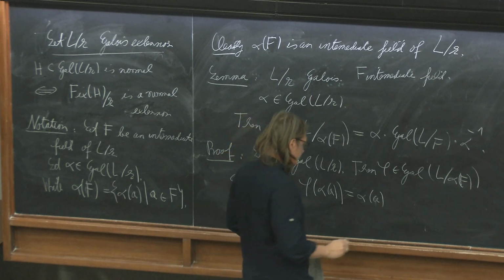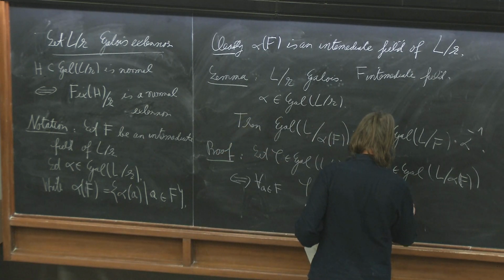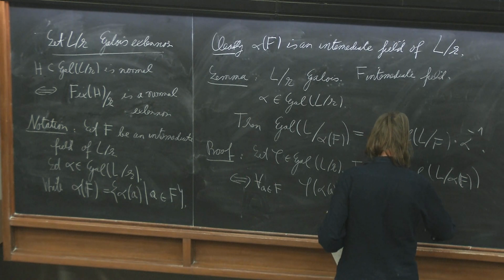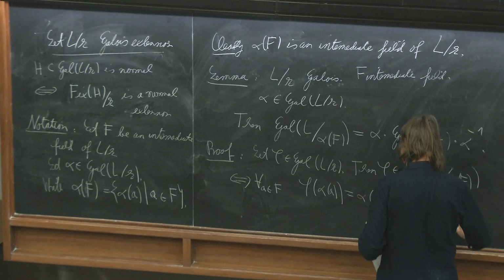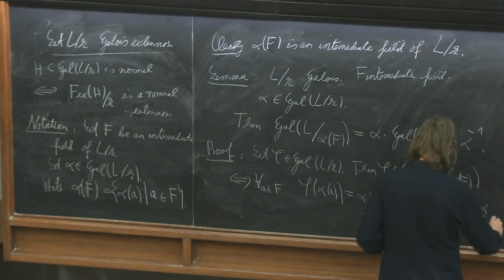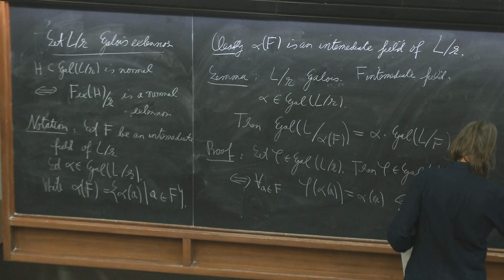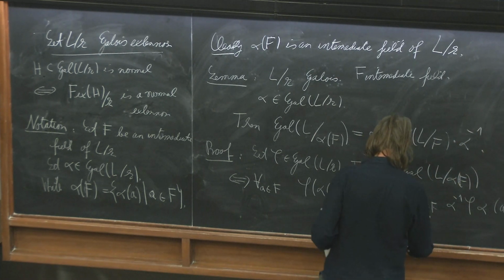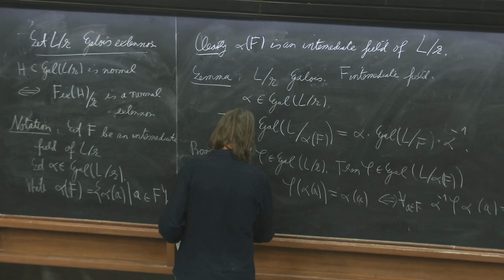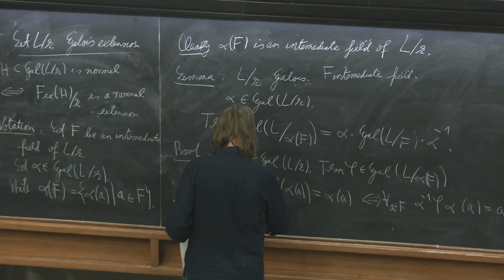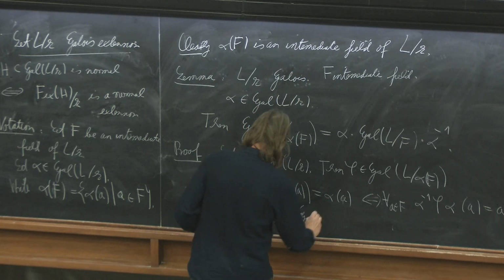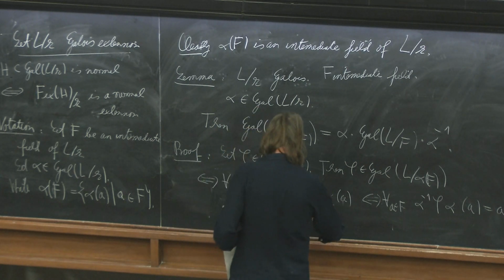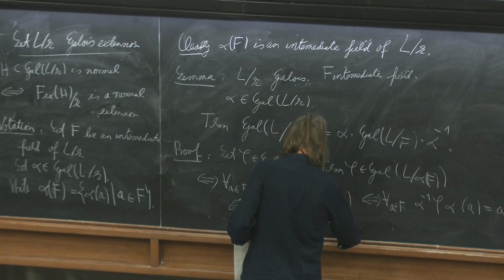So this is equivalent to saying for all A in F, we have alpha to the minus 1 phi alpha of A is equal to A, which is the same as saying that alpha to the minus 1 phi alpha is in the Galois group of L over F.